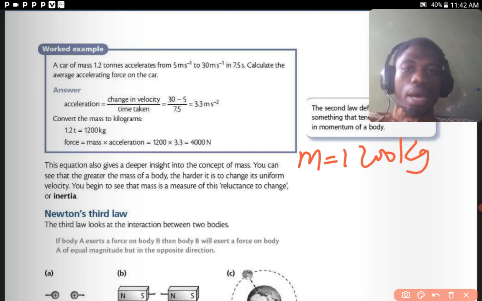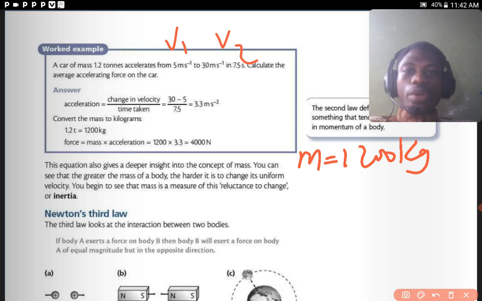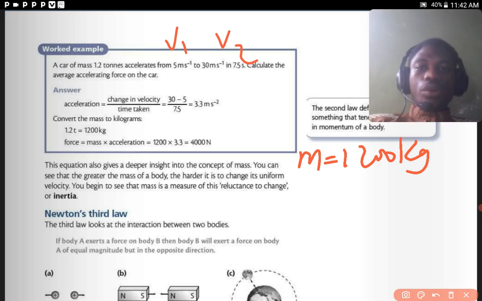It accelerates from v1 of 5 meters per second to v2 of 30 meters per second. Calculate the average accelerating force on the car.